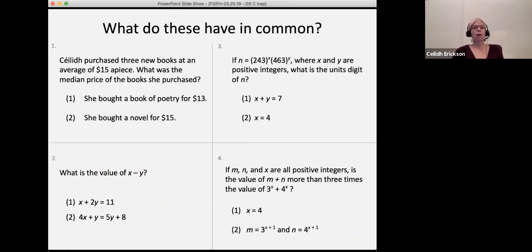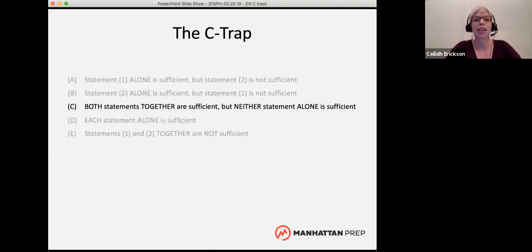But when we're thinking about what these had in common, think about this. What happened in each of these if we put the 2 statements together? Well, in every single one, if we put them together, yeah, it would work. We'd have enough. But this is what we like to call a C trap.